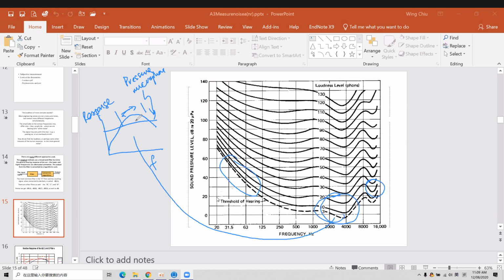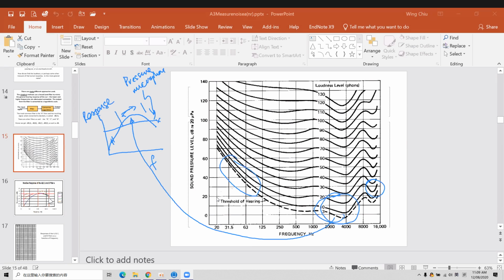So if I want to use this pressure measurement to mimic what our human ear actually hears, I would need to somehow modify the pressure measurement. This modification can be seen in this table.